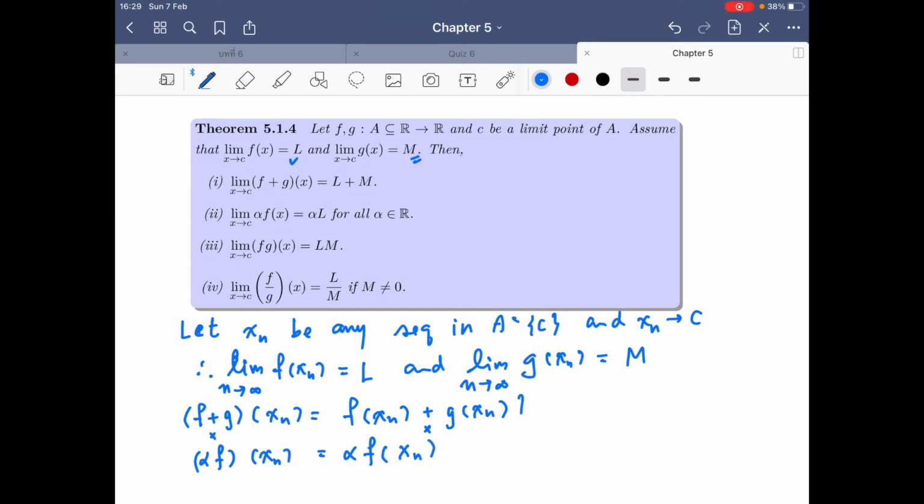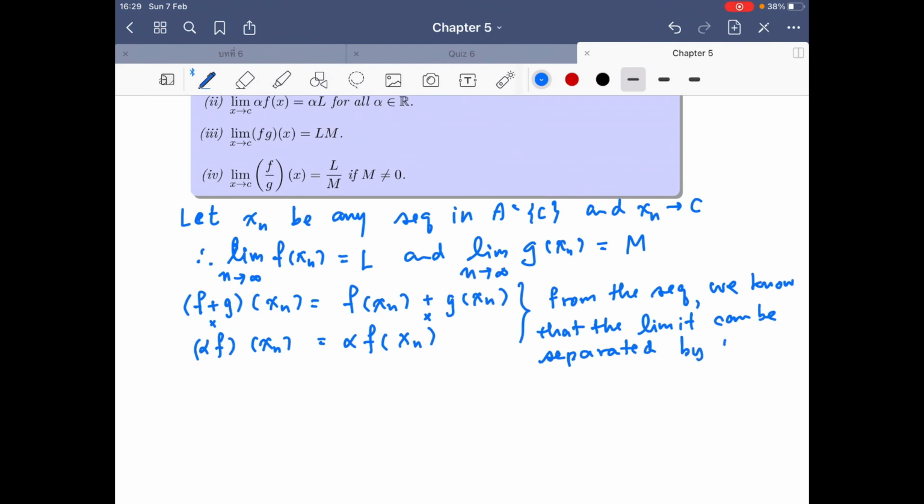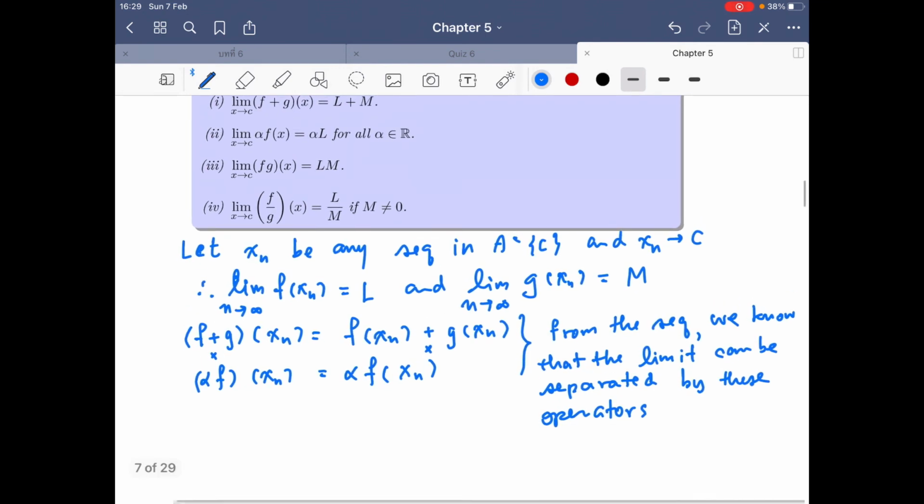From the sequence chapter, we know that the limit can be separated by these operators. So the limit of this can be the limit of the function f alone and the function g alone, and then you just add them up or multiply them.